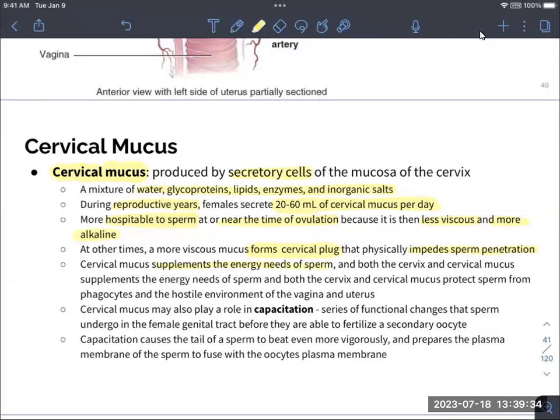It's helping that sperm to move. It also plays a role in capacitation of sperm. So in the female genital tract, this capacitation helps them to fertilize that secondary oocyte. It causes the tail of the sperm to move faster, allows that sperm to keep on swimming.